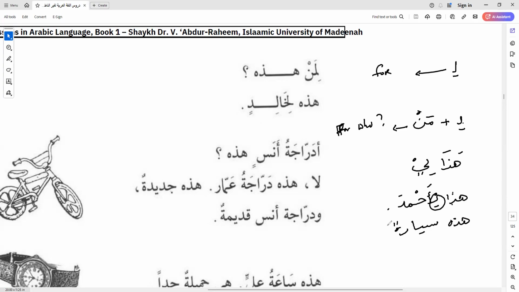This car. لي, for who? Let's say آمنة. هذه سيارة لآمنة, this car is for or belongs to Amina. Li can also stand for belongs to.